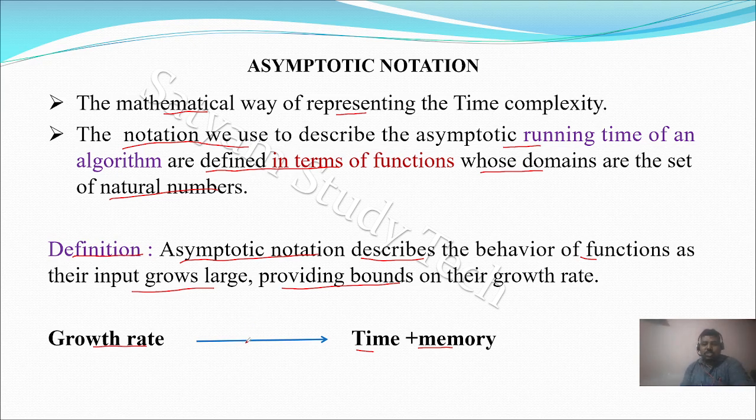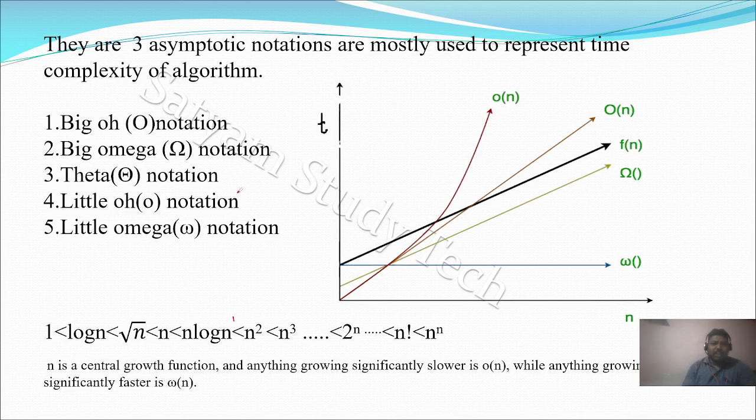Generally we have three notations. These three asymptotic notations are mostly used to represent the time complexity of any algorithm. Those notations are big O notation, big omega notation and theta notation. Generally we use these three notations. Rarely we use the little o notation and little omega notation.